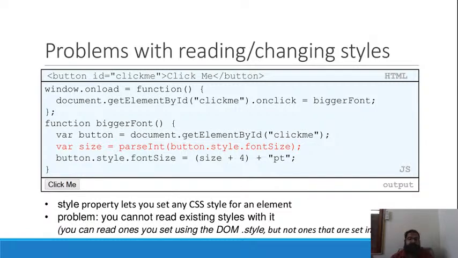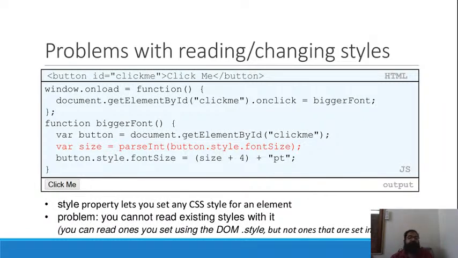with the text click me, and on window load an anonymous function is assigned to on window load, which will get the document and get the element by id click me, and you will associate the on click event with the event handler bigger font. The function bigger font is defined at the bottom.